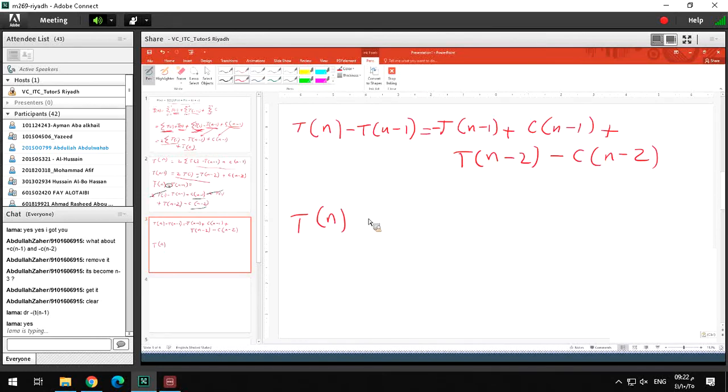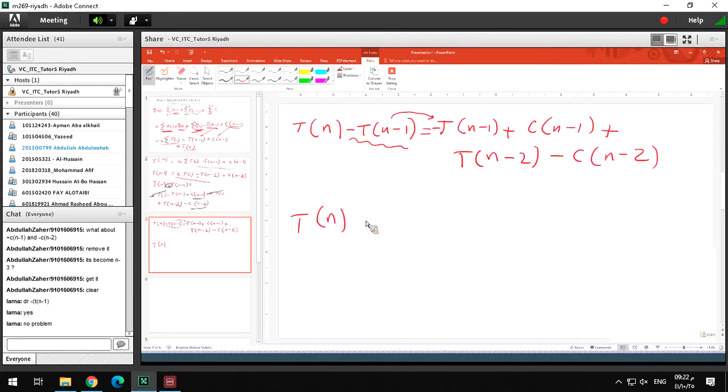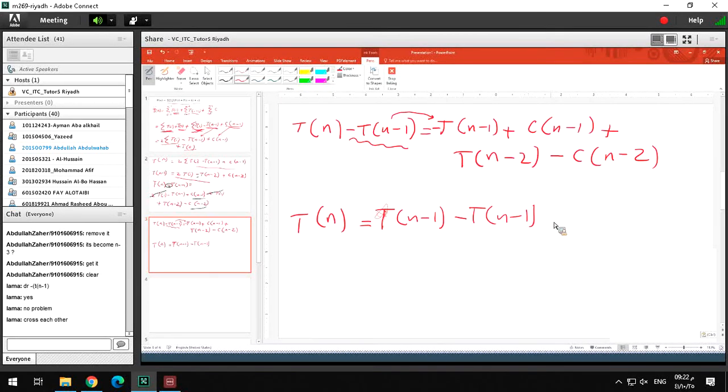Now we need to find only Tn. In order to find Tn only, you have to move this part to the second side of the equation. So Tn equals, this one minus Tn becomes plus, so equals Tn minus 1 plus Cn minus 1 plus Tn minus 2 minus Cn minus 2.